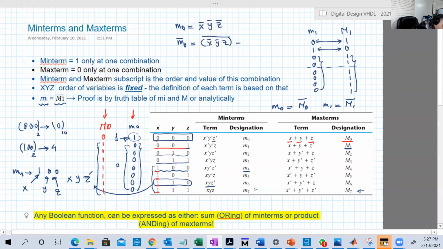With De Morgan's theorem, we can say that any AND will be OR, and any literal will be its complement. So we'll have two ORs because we have two ANDs. Then X bar will be X bar bar, Y bar bar, Z bar bar. X bar bar is just X, Y bar bar is just Y, Z bar bar is just Z. What is this? This is M capital 0. So basically, M small 0 bar is equal to M capital 0.